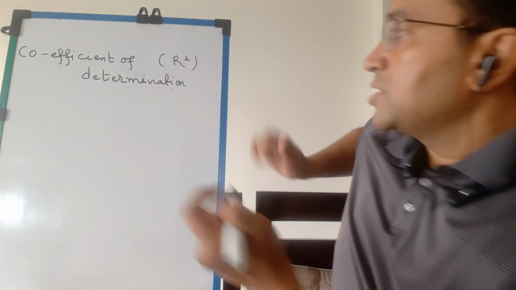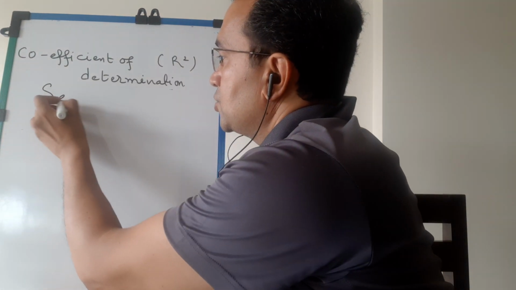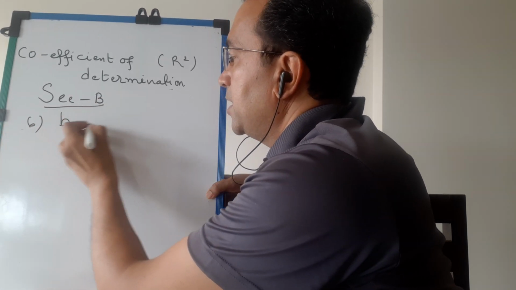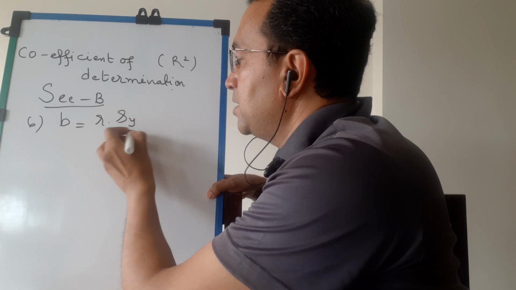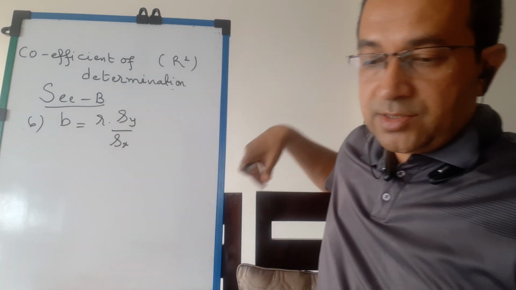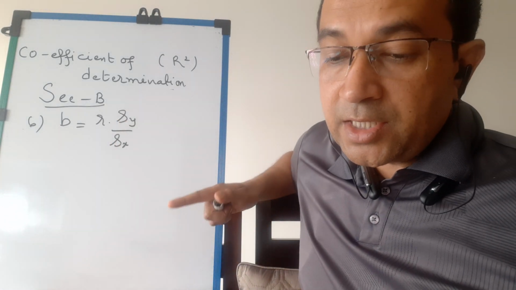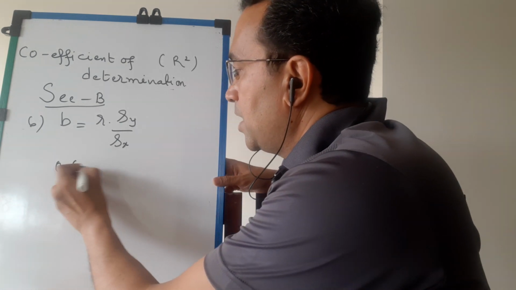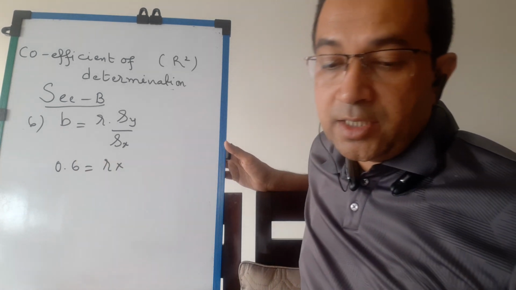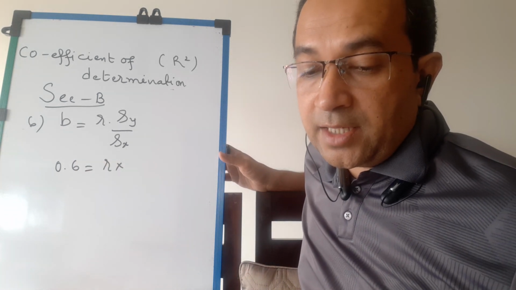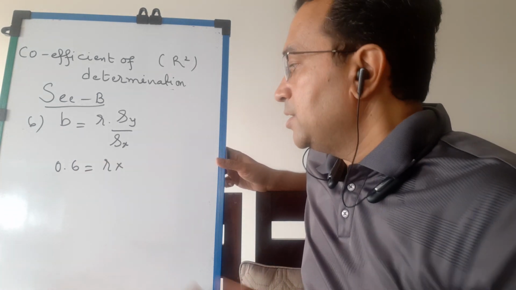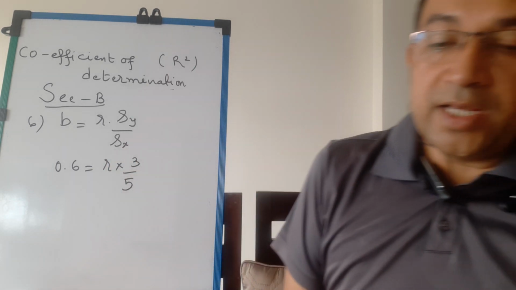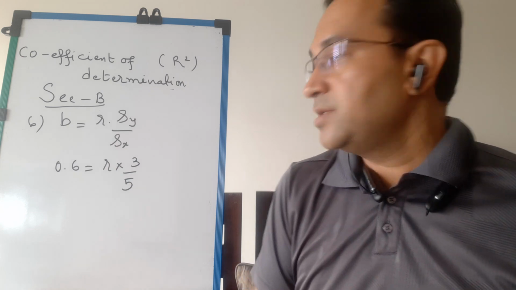Now all of you know this formula. Byx is equal to R into Sy upon Sx. They have given the regression coefficient, means b is 0.6, R unknown. Standard deviation of x and y are 5 and 3. So Sx is 5 and Sy is 3.